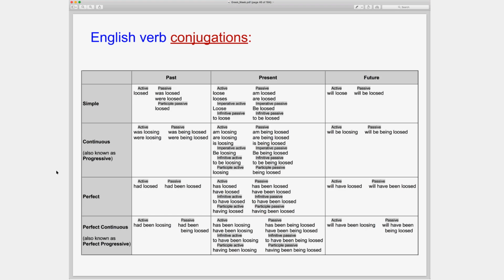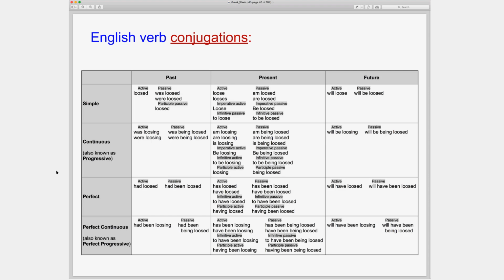Now we call the past, present, and future time or tense. We call the simple, continuous, perfect, and perfect continuous aspect. Yes, tense loosely refers to both time and aspect, but kind of specifically to time. And this is going to be an important distinction because Greek does things a little bit differently, or at least there's a different emphasis.